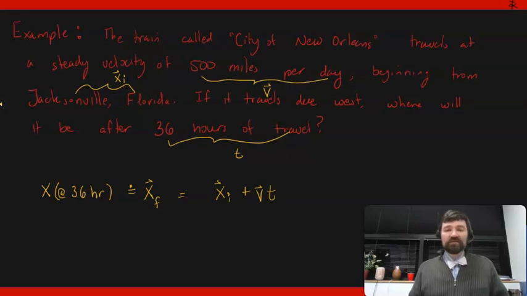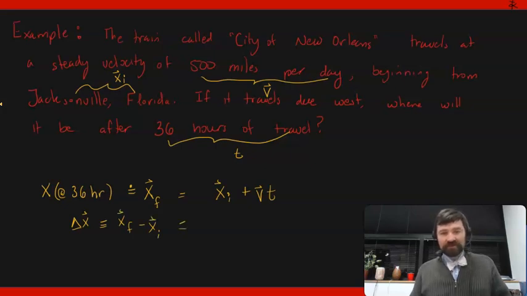Now the x initial we could call 0, but it's given as Jacksonville, Florida. So what we could really do is just specify this as relative to this position, Jacksonville, Florida. Or in other words, we could give a displacement from Jacksonville, Florida. So call delta x x final minus x initial.